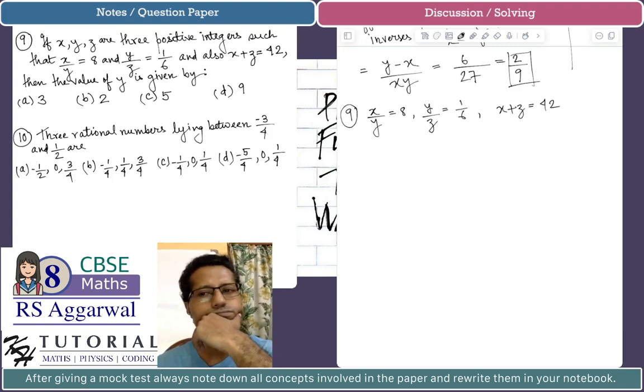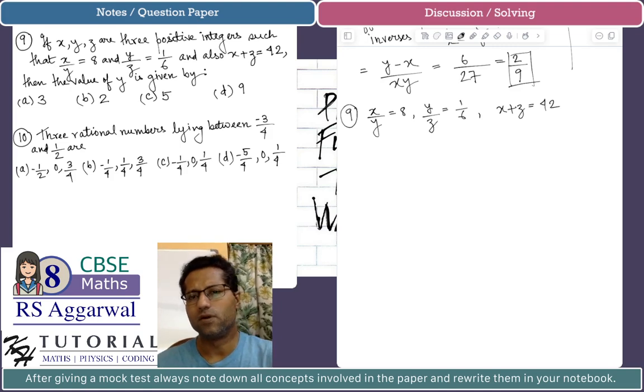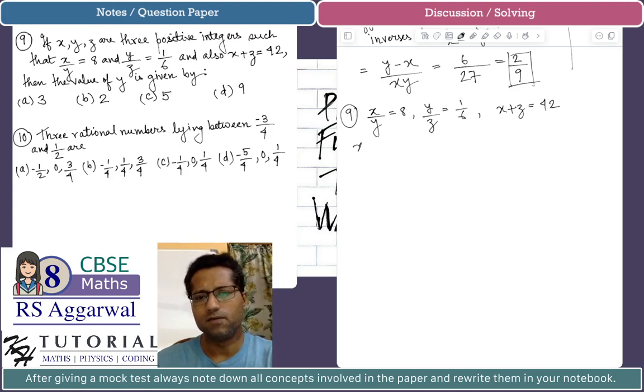One way of solving this problem is to get x and z in terms of y from the first two equations, and then put the values of x and z in terms of y in the third equation.